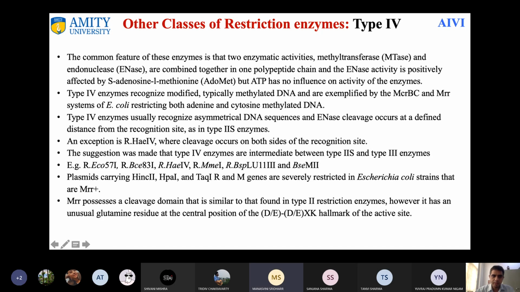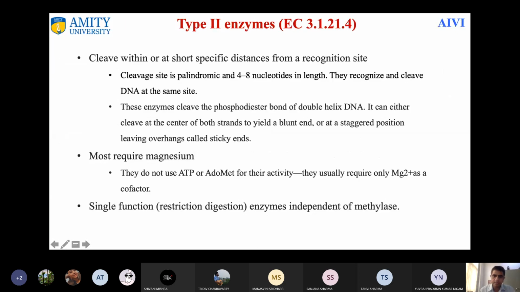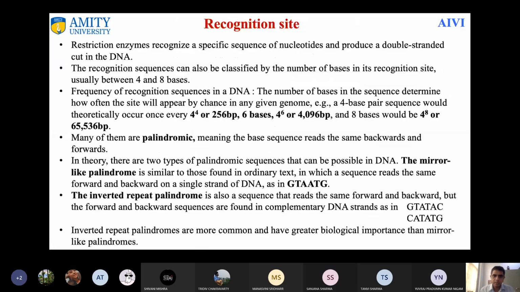Getting the point? When I'm saying it's away, so this is the one. If the sequence is GTAATG, if you are cutting here, then you can say that it's within, and if it's cutting at this point, then this is outside.